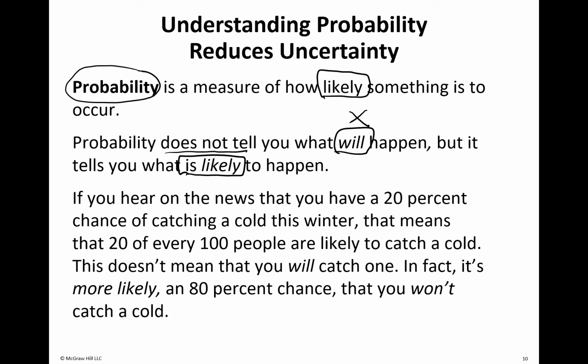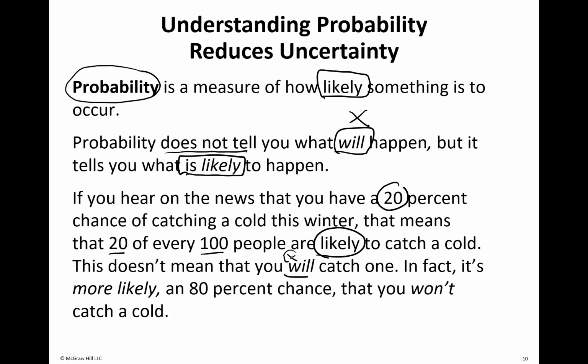For example, if you hear in the news that you have a 20% chance of catching a cold this winter, that means that 20 of every 100 people are likely, not will, remember, to catch a cold. This doesn't mean that you will.